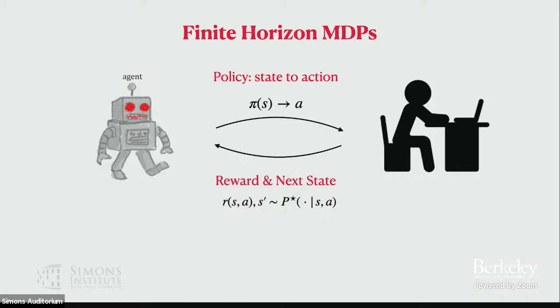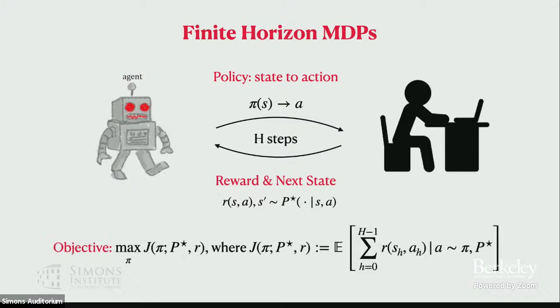And once the environment receives an action, it will output a reward signal, and it also outputs the next state, which is sampled from the unknown Markovian transition P star. In the finite horizon setting, this process repeats for capital H many steps. And your goal is to find a policy pi that maximizes the expected total reward across capital H many steps.